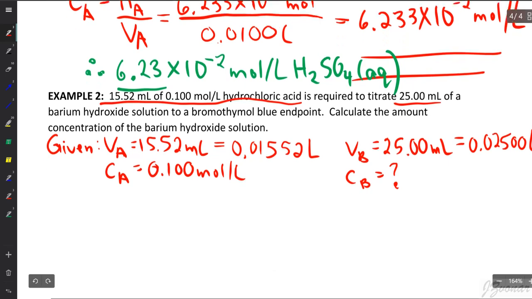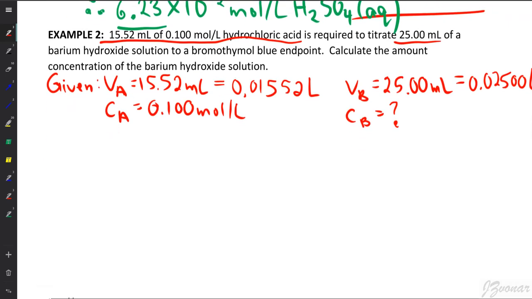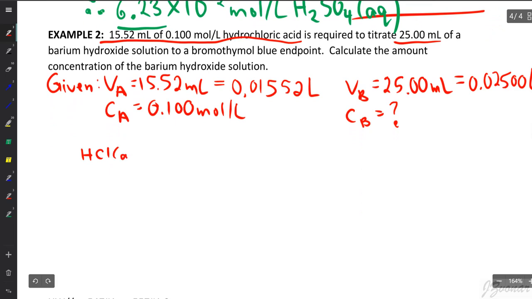So we need to start with a balanced equation. So I've got HCl reacting with barium hydroxide. Don't forget, we always need to make sure we've got the correct chemical formulas.